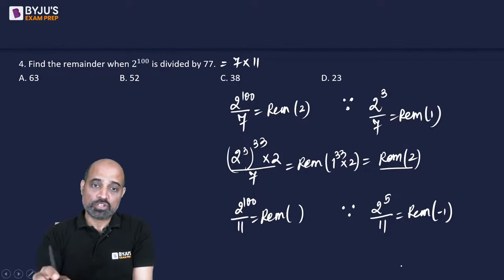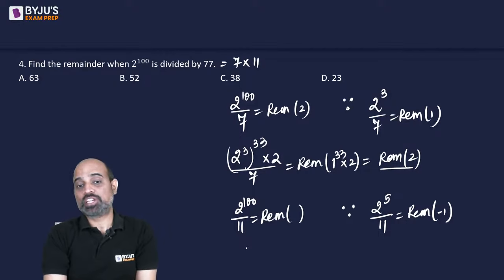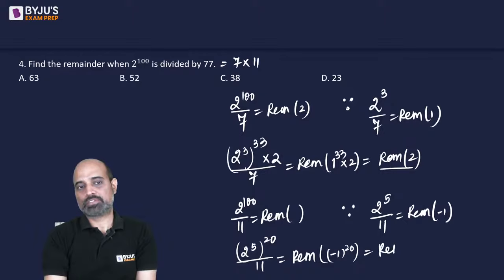Using this, we can break down the dividend like this: 2 to the power 100 when divided by 11 will give us a remainder of minus 1 to the power 20, which will result in a remainder of 1.